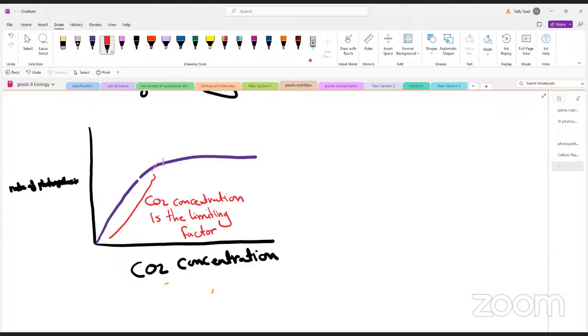Here carbon dioxide is not the limiting factor. What will be the limiting factor? Maybe temperature. So here the limiting factor would be temperature or light intensity.